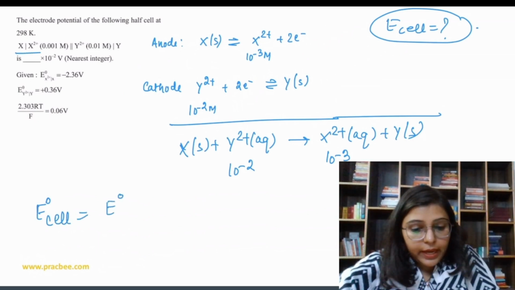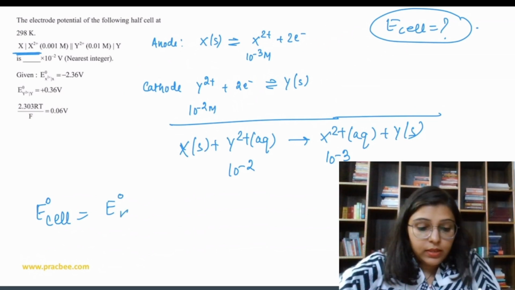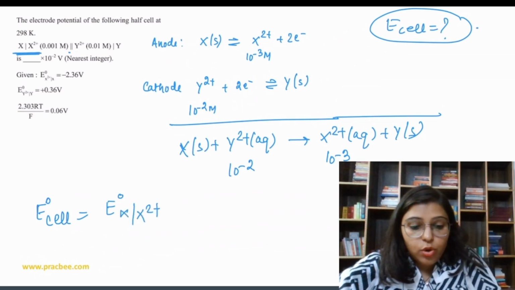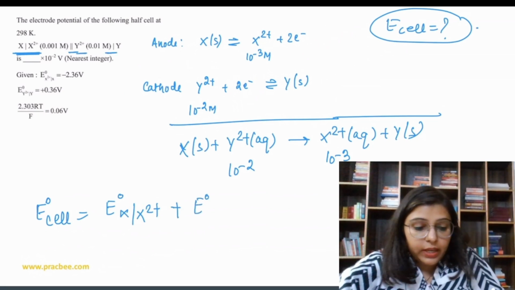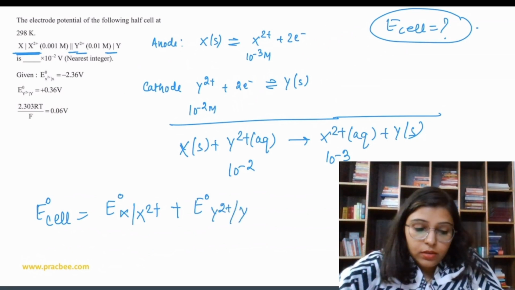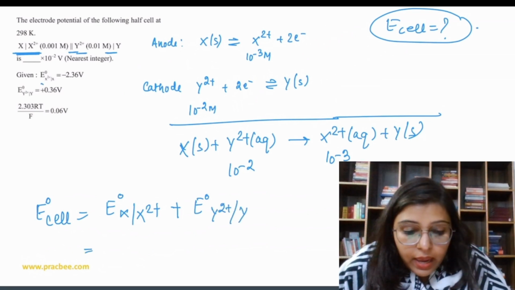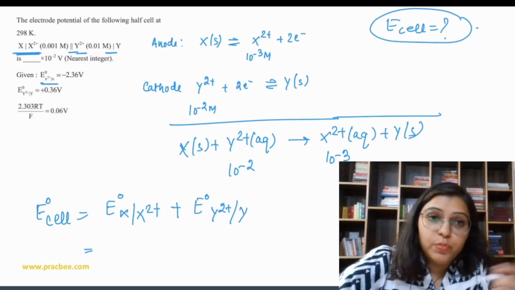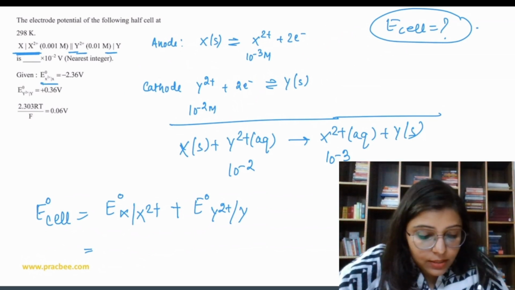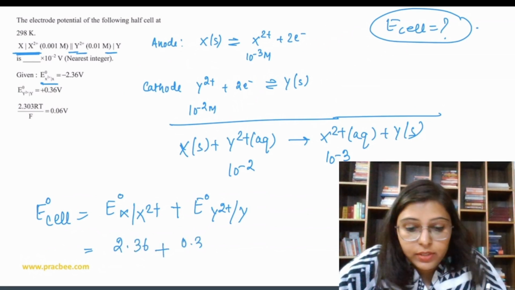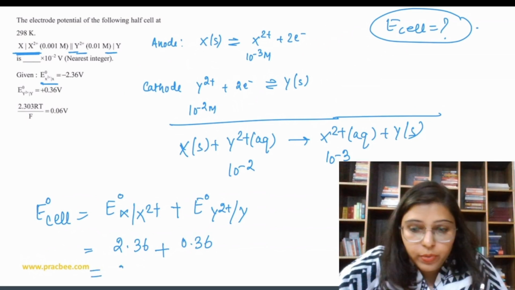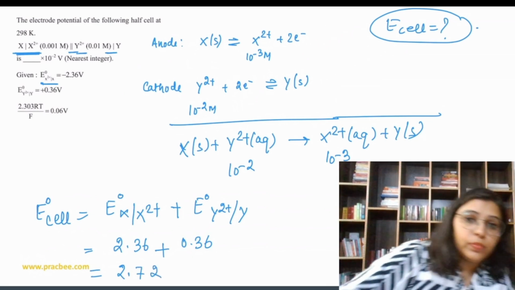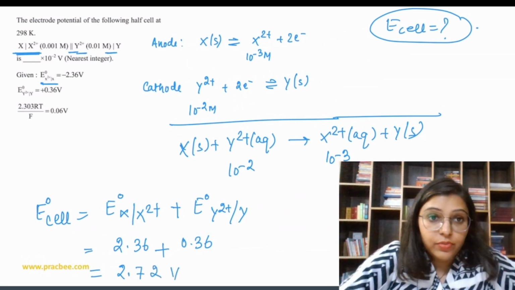Oxidation at anode, X to X2 plus, then salt bridge, then reduction Y2 plus to Y. So E naught X2 plus to X is minus 2.36, so X to X2 plus is 2.36. Now, Y2 plus to Y is 0.36. On solving, we get 2.72 volt. So that is for E naught cell.